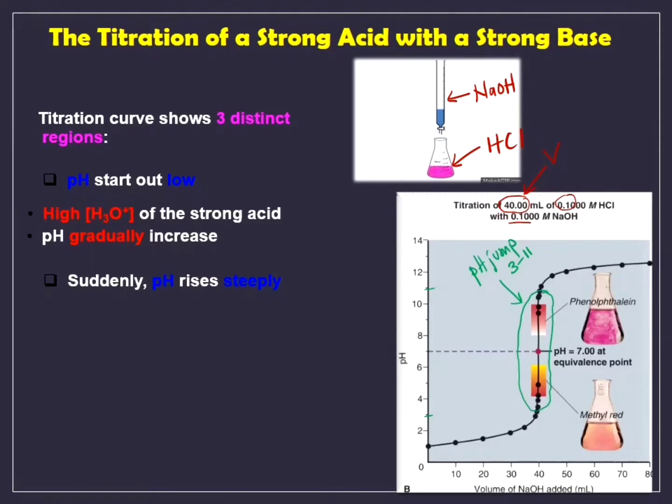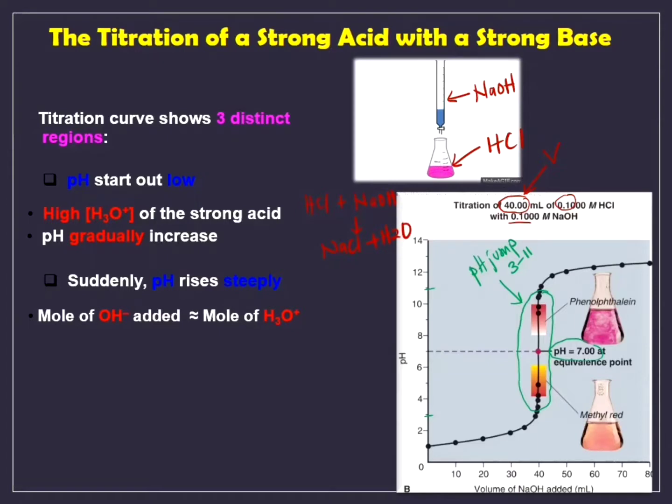So the pH will rise steeply. Nampak? Okay, and then at pH equal to 7, this is the equivalent point, which means the mole of OH- added equals the mole of H3O+. We know that when strong acid HCl reacts with sodium hydroxide, it will produce NaCl plus H2O.